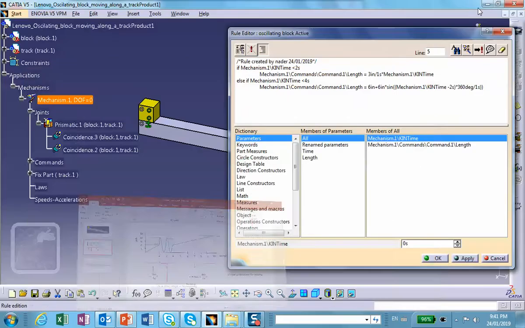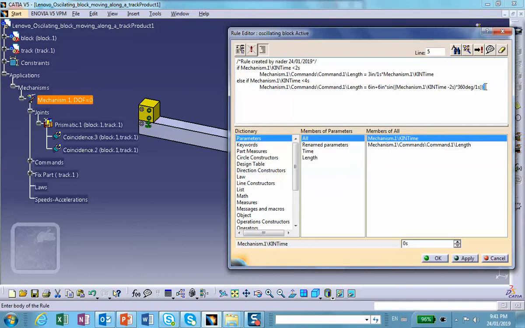So basically 2 pi over 1 second, or if you convert it to degrees so that the units are consistent, because my default angle I've set to degrees, it's going to be 360 degrees over 1 second. Okay, good. Now the next line.